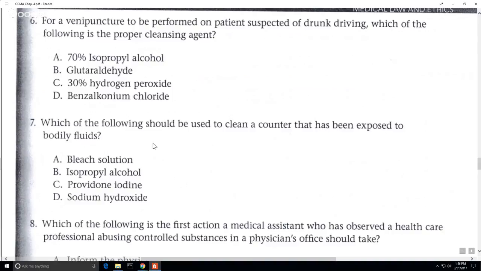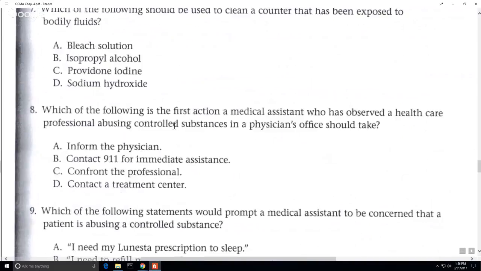Which of the following should be used to clean the counter that has been exposed to body fluids? A. Right. Which of the following is the first action a medical assistant should take who has observed a healthcare professional abusing a controlled substance in the physician's office?